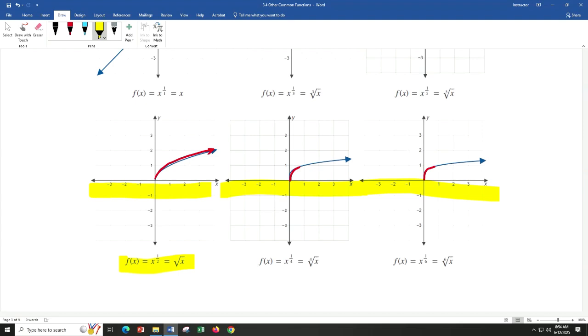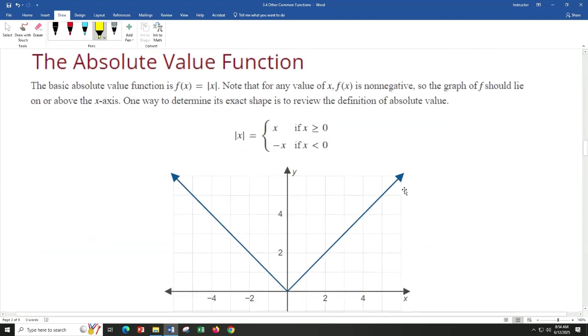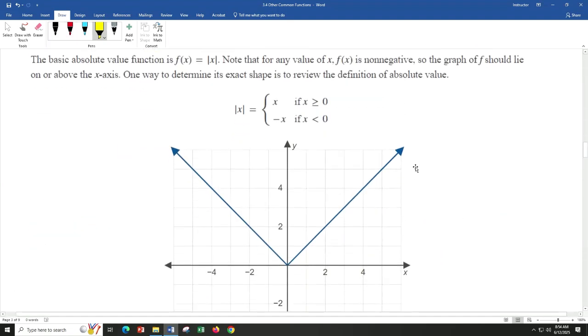How about -1? Okay. How about 2? You have an idea of maybe what this graph looks like? By thinking that way, if it's always 0 and then it's 1 or -1, 2, -2. Yeah, a V. Okay, so there is your absolute value function.